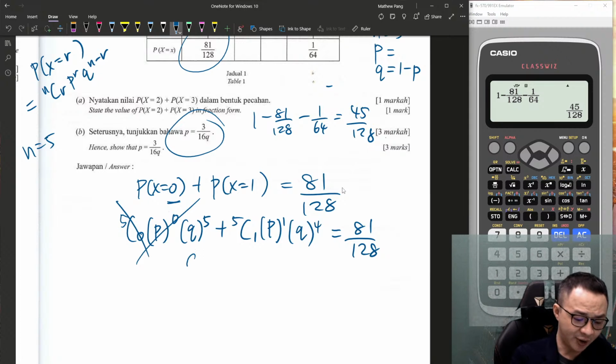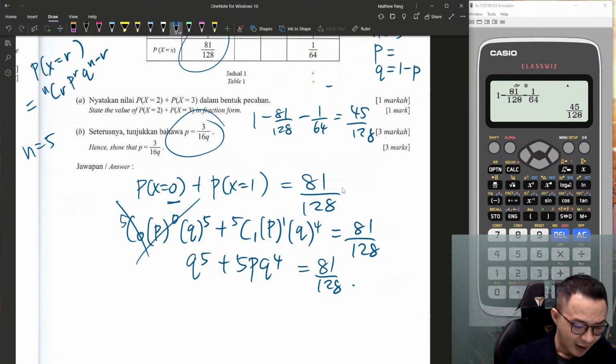So here I have q^5 plus 5pq^4 equals 81 over 128. I want to make p the subject. Okay, so 5pq^4 is 81 over 128, this one will become minus.